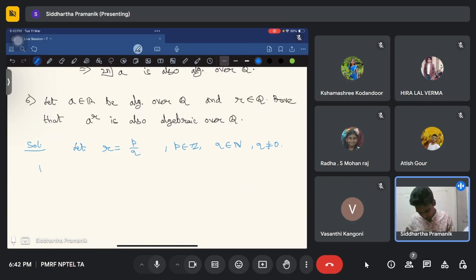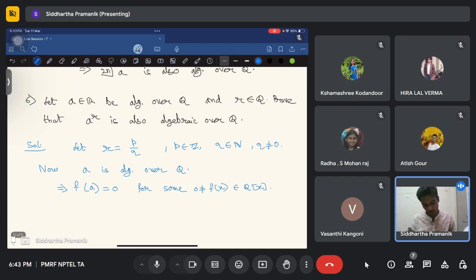Right. Now, A is algebraic over Q. So that means A satisfies some non-zero polynomial over Q. So f(A) equals 0 for some non-zero f(x) in Q[x].